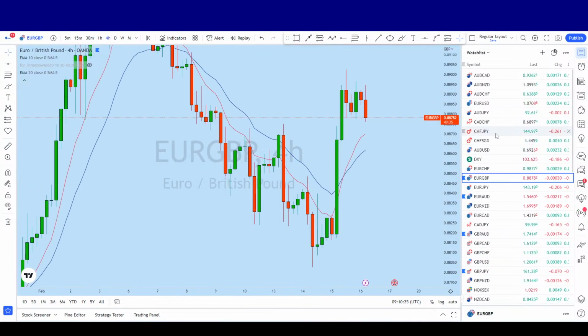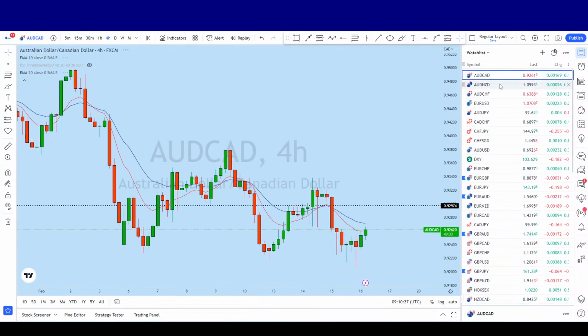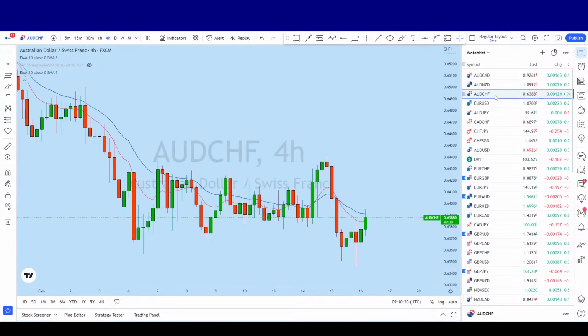So there will be a candle close coming up. I'll look at all of them now to see which one we might find a trading opportunity.